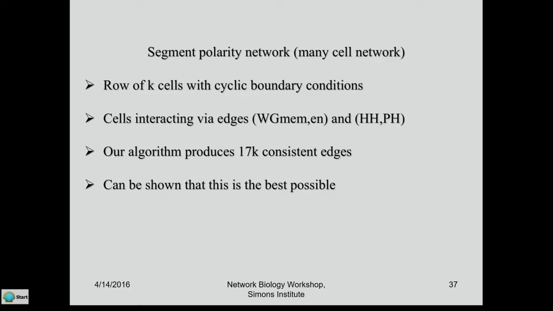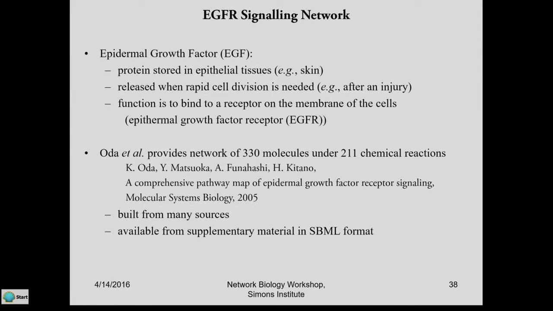You cannot do better. The other thing that we did was that we looked at the EGFR signaling network. This network was published by Oda et al. It provided 330 molecules and 211 chemical reactions. It's built from many sources, and you can get it in the SBML format.